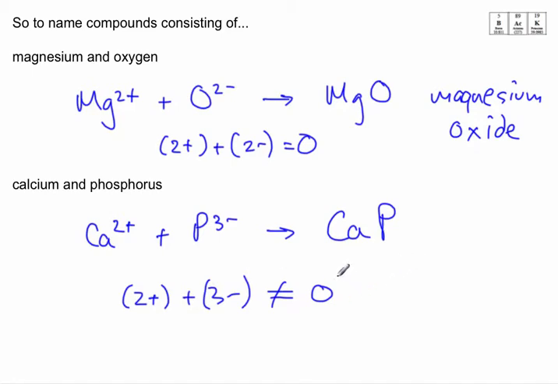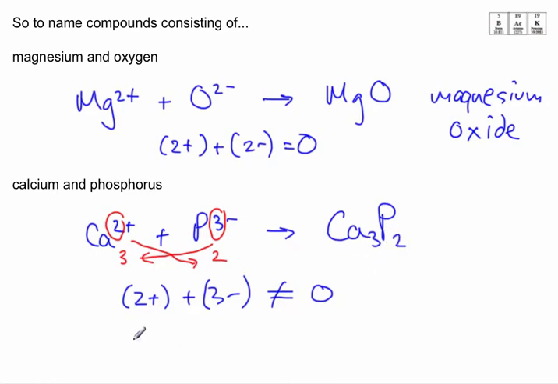The simple way to look at that is something known as the crisscross rule. The crisscross rule says take the magnitude of the charge, that's a 3 for phosphorus, and make it a subscript for the opposing or other element. Take the 2, make it a subscript for the phosphorus. And so if we write those in, we have Ca3P2, and let's look at the zero-sum rule now.